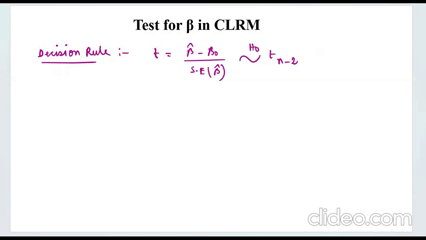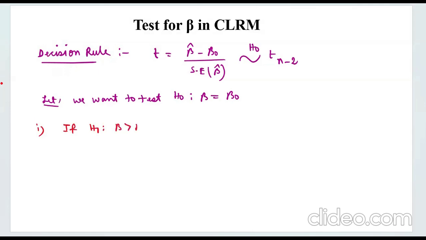You don't need to write this here, I have written it. So let us say we want to test H naught: beta equals beta naught. Then there could be three possibilities. The first possibility is if the alternative is beta greater than beta naught.